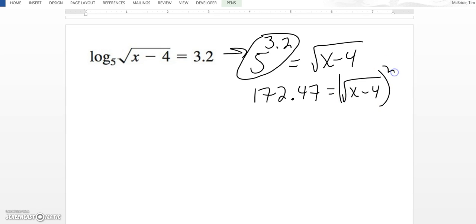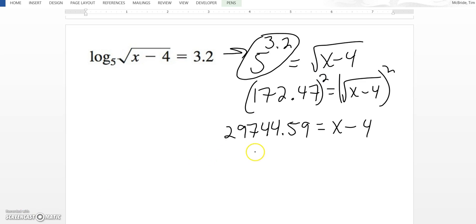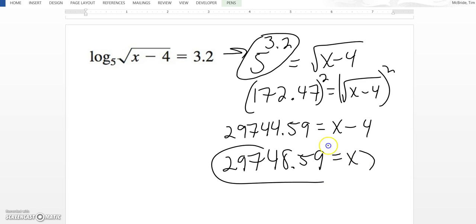Square both sides, and that should be 29,700, and then just add the 4 to both sides. And that's our value. So the important part here on the log kind of problems is to make sure the logarithm is by itself first, and then you switch the form to exponential.